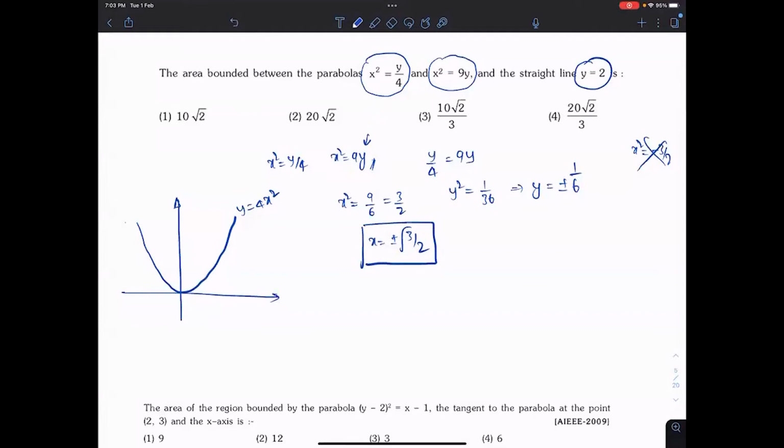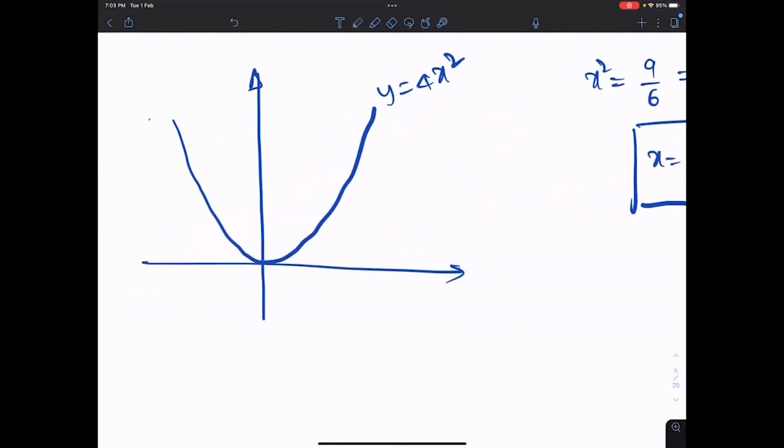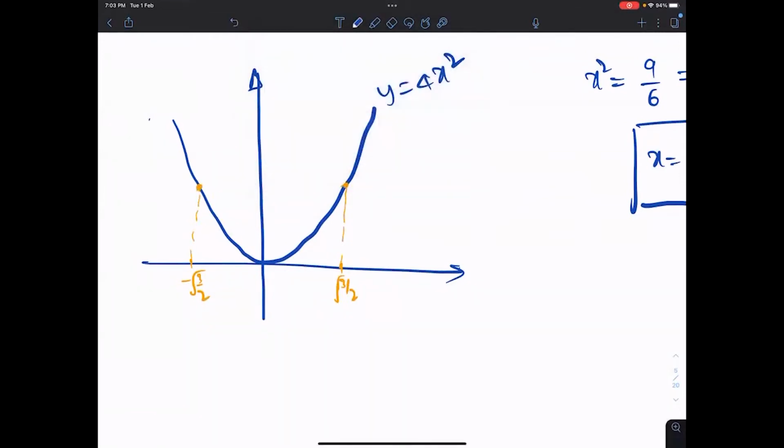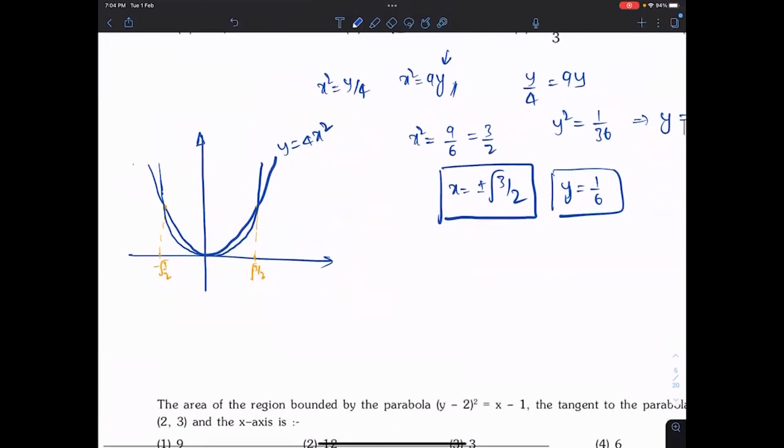And what are the y coordinates of both? 1 by 6 for both the graphs. So when x is root over 3 by 2 or minus root over 3 by 2, the y coordinates of both the graphs are the same. That means they are going to intersect here. So the second graph, I will draw something like this. Not bothered about the exact figure and all these things.